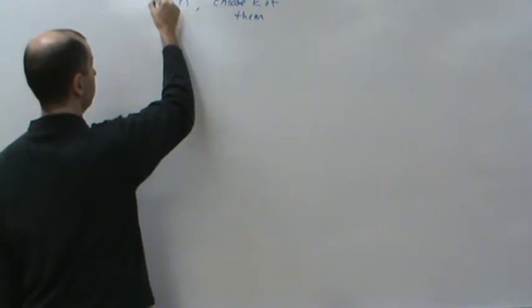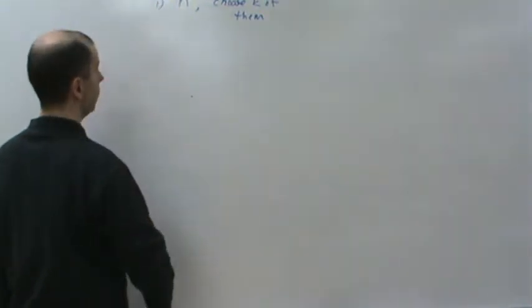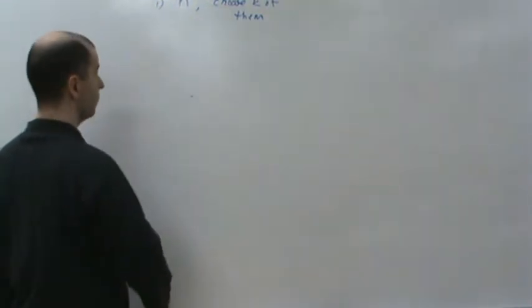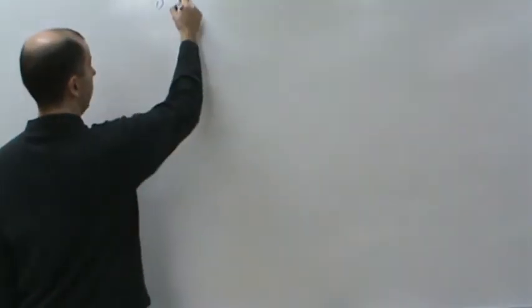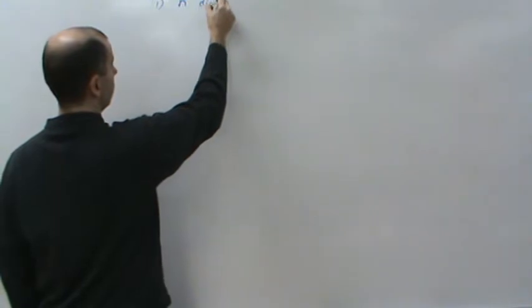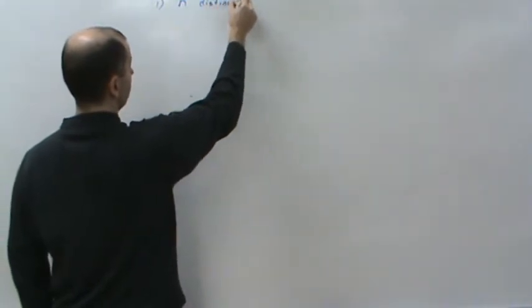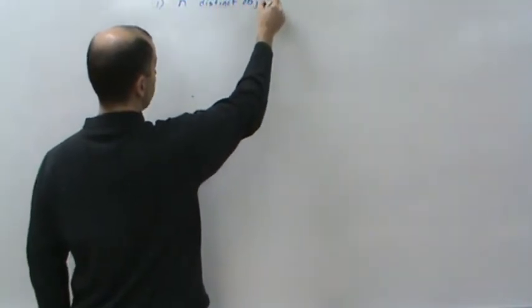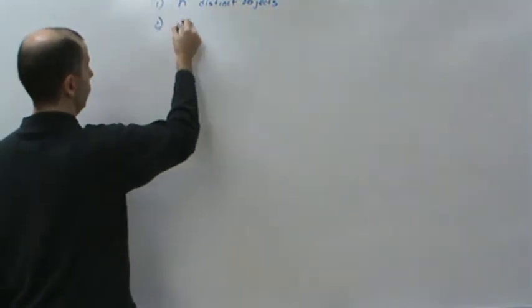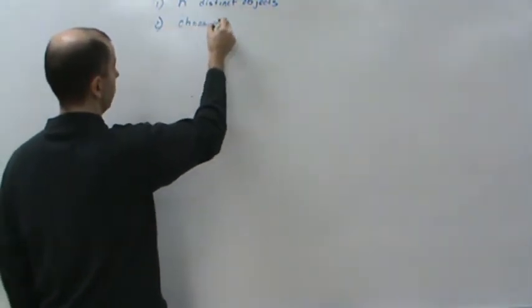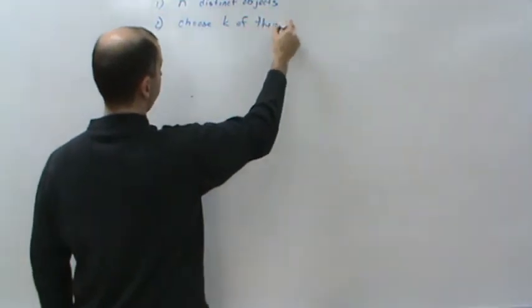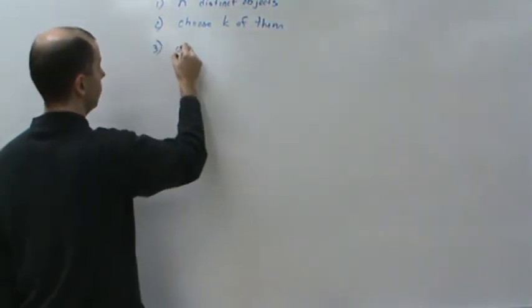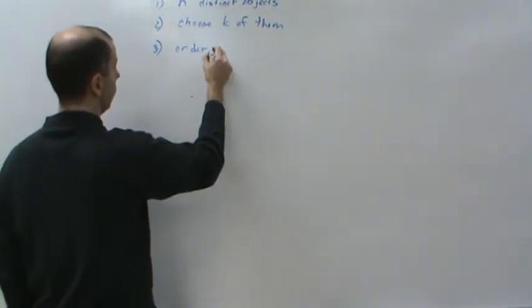So 1, we have n distinct objects. 2, we're going to choose k of them. And 3, order matters.